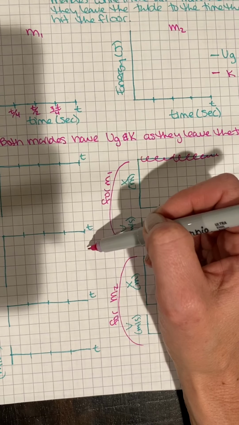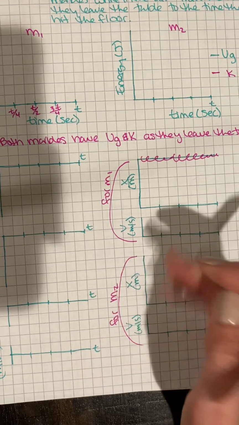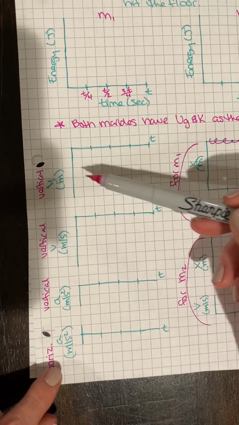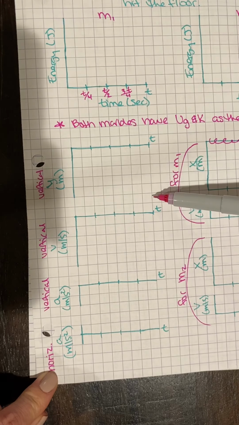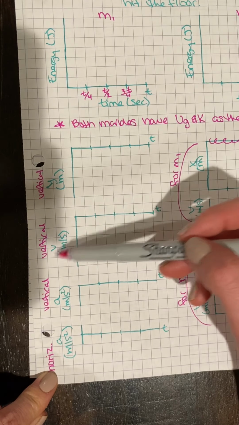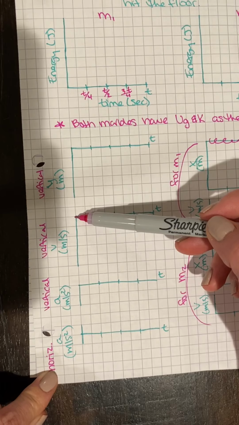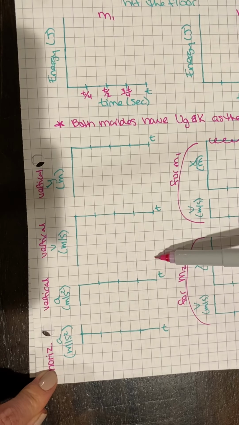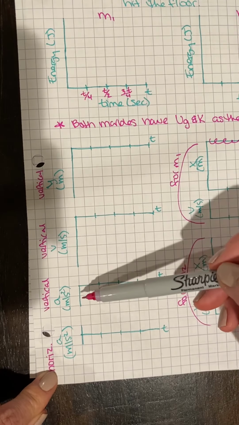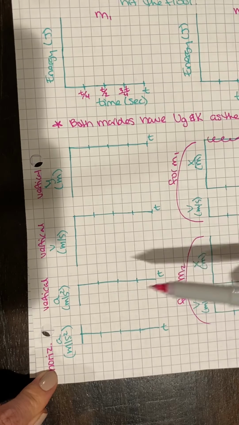So I'm going to just have one set of graphs for that. In the vertical direction, our displacement is going to be negative. We're going from a higher position to a lower position. Our velocity is going to be 0 to begin with in the vertical, and then it'll be some other number when we reach the ground. And our acceleration, of course, is going to be -10.